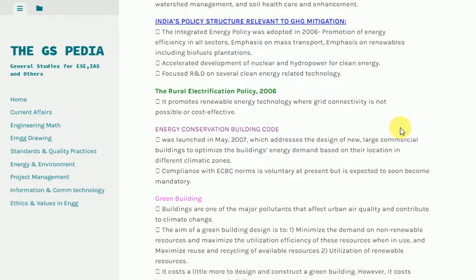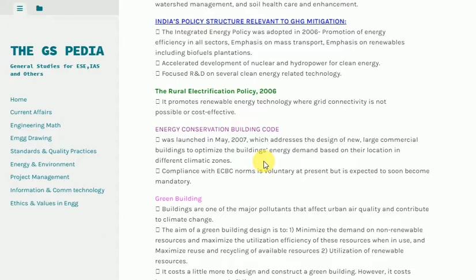It promotes energy efficiency in all sectors, emphasis on mass transport, emphasis on renewables, including biofuels plantations, and accelerated development of nuclear and hydropower for clean energy.